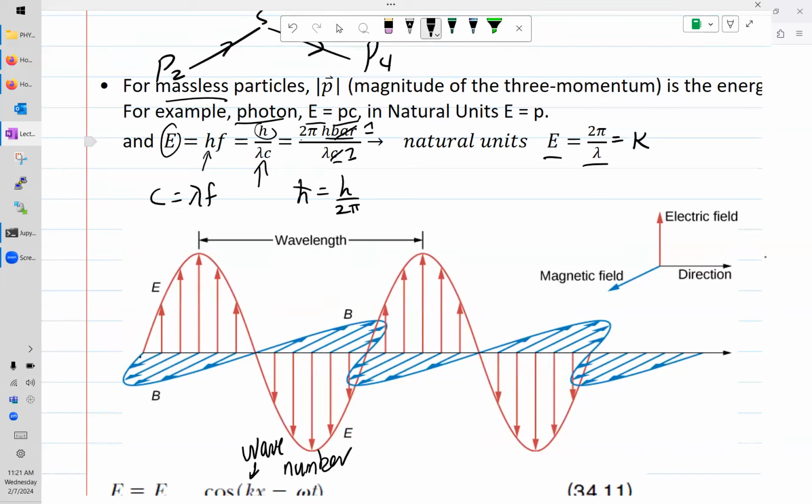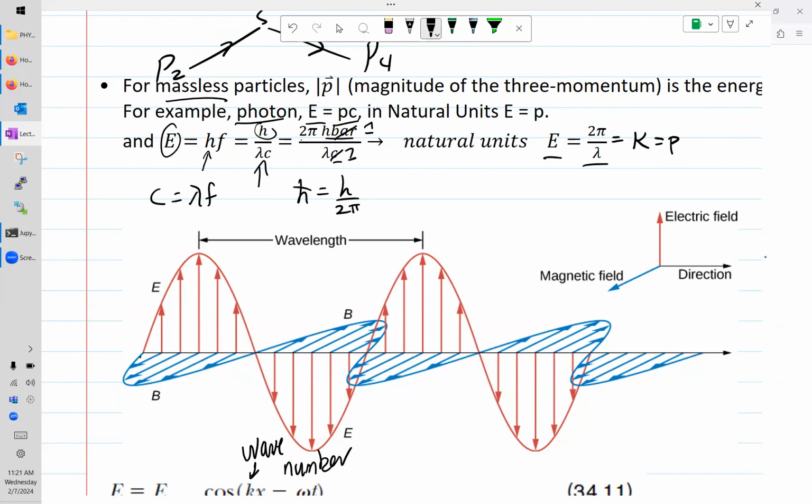Which is also the momentum of that photon. So the wave number is literally just either the energy or the momentum of that particular photon. It's kind of neat. Without having to deal with SI units, it makes things a lot easier to understand conceptually.